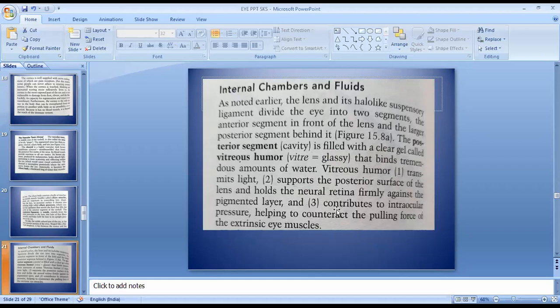It also contributes to intraocular pressure, helping to counteract the pulling force of the extrinsic eye muscles. So it nullifies the pulling force of the extrinsic eye muscles.